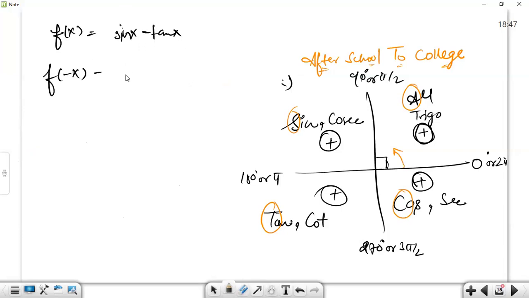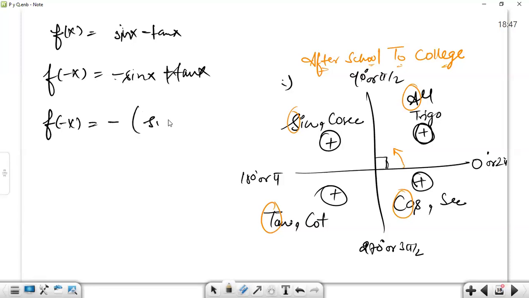For f of minus x, this will become simply minus sine x. And for tangent of minus x, this will also be negative, and minus minus will make it positive tan of x.